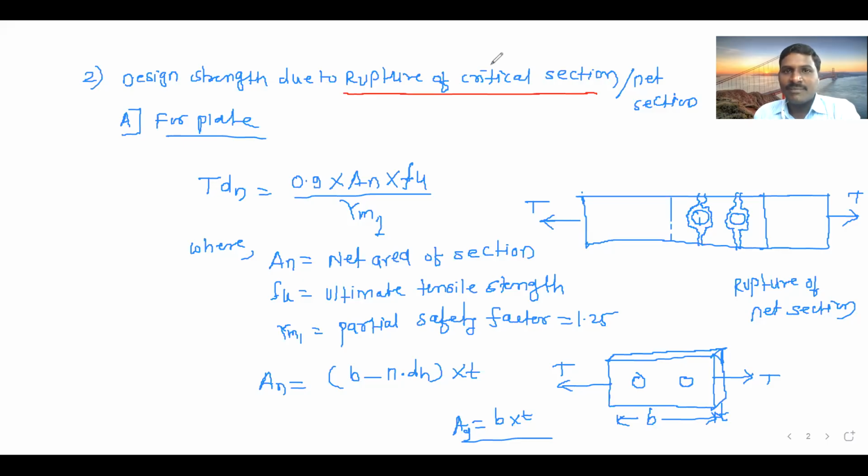So what is N here? Anyone can tell me what is N? Number of bolt holes, or we can say number of holes. Okay, number of bolts or number of bolt holes. 1, 2, 3. So here N is the number of bolt holes, into DH.